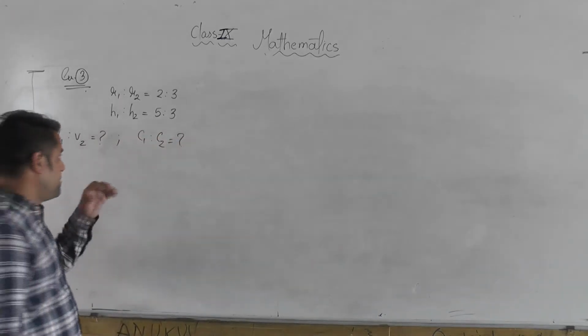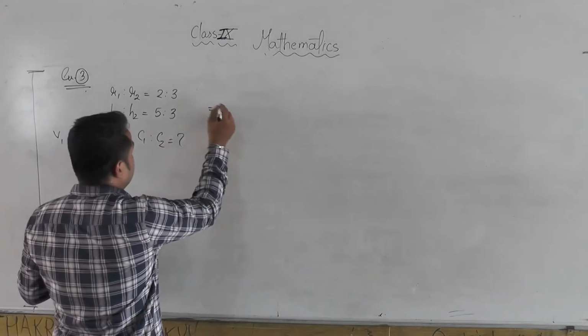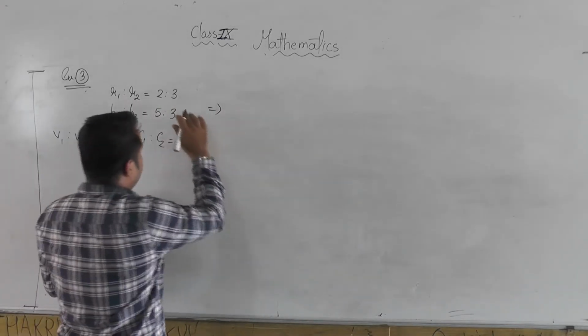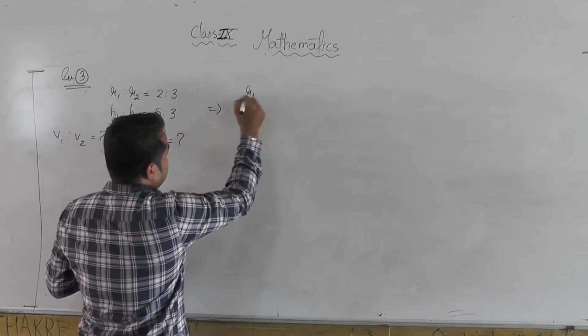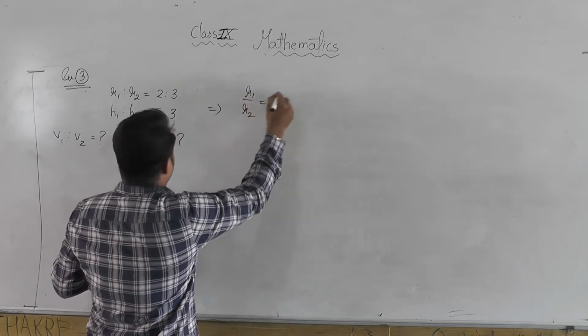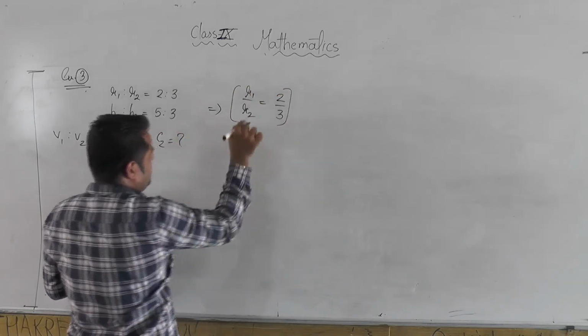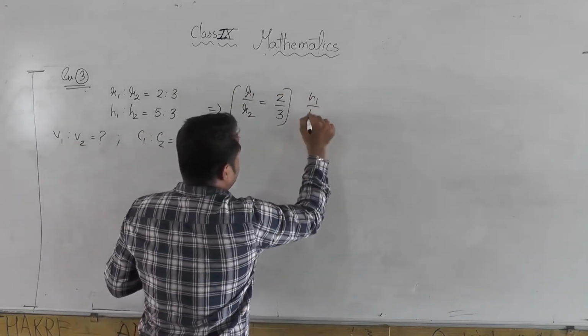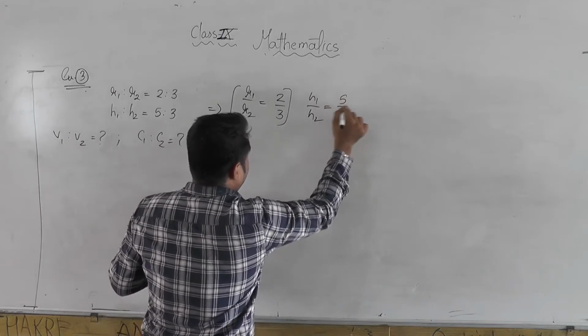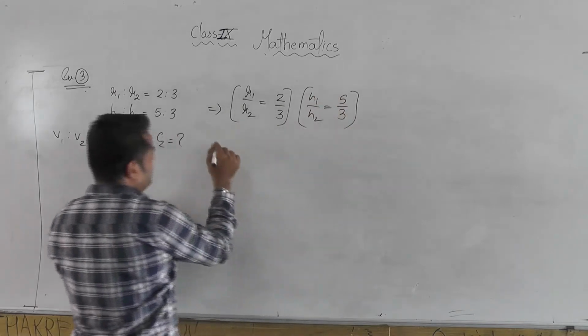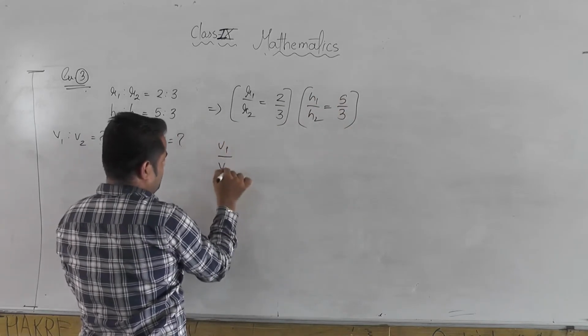Now see how to find these ratios. First, R1, R2, H1, H2 are given. I am writing R1 by R2 is given as 2/3, and H1 by H2 is 5/3. Now we are first finding the CSA ratio.